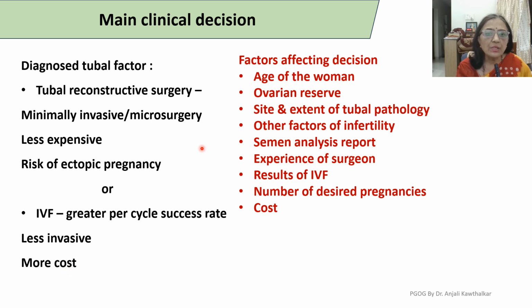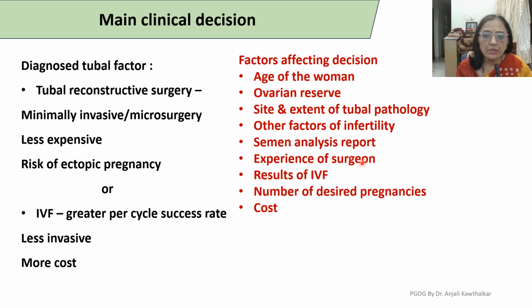So there are so many factors which affect the decision. Age of the woman, ovarian reserve: with low ovarian reserve or an elderly woman, we will go for IVF rather than a tubal reconstructive surgery. Site and extent of tubal pathology is the most important factor. With other factors of infertility, invariably we have to proceed with IVF. Semen analysis report will give us the idea about presence or absence of male factor infertility.